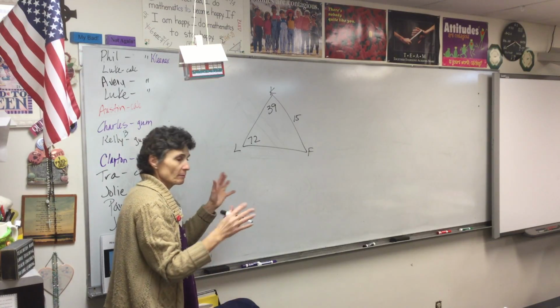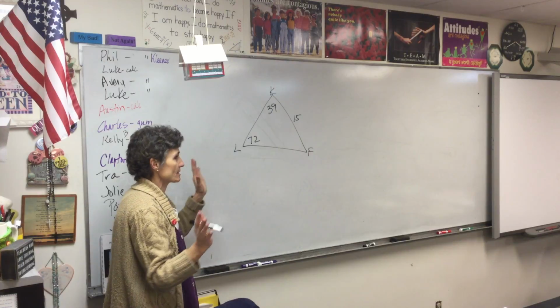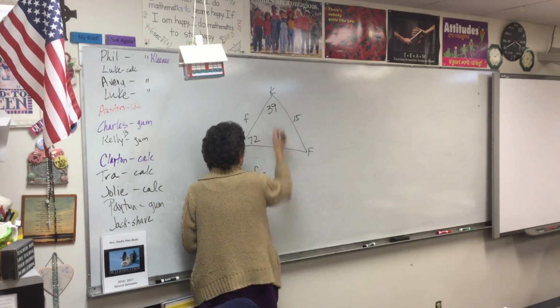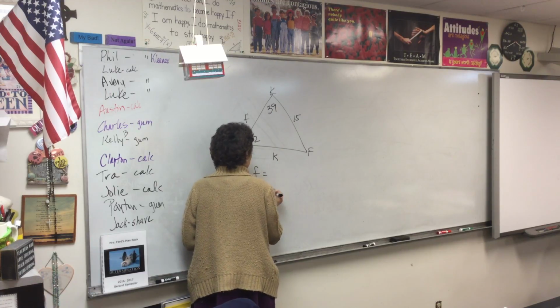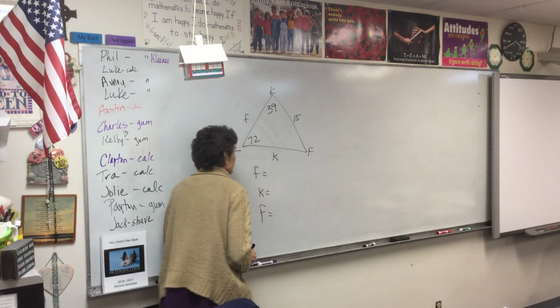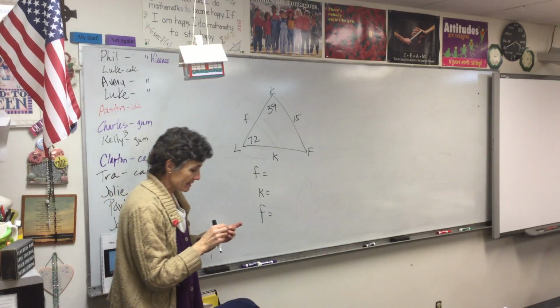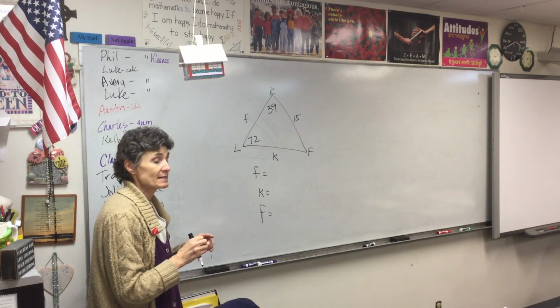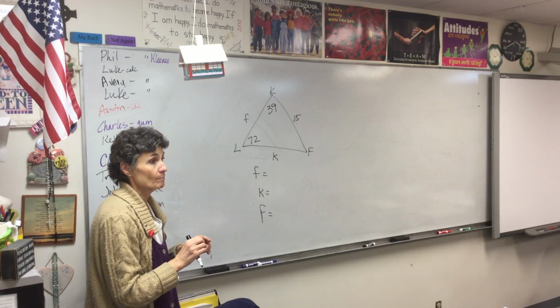There's no trickiness here. This is exactly like the one we just did. We're going to look for side F, side K, and angle F. Take a minute and see if you can find those three missing parts of this triangle.